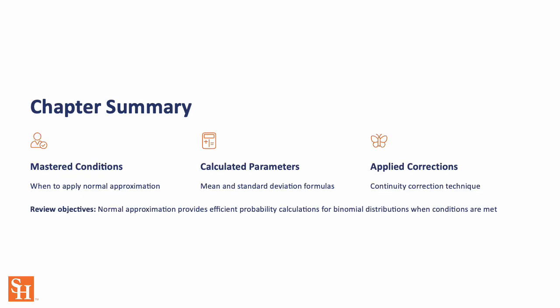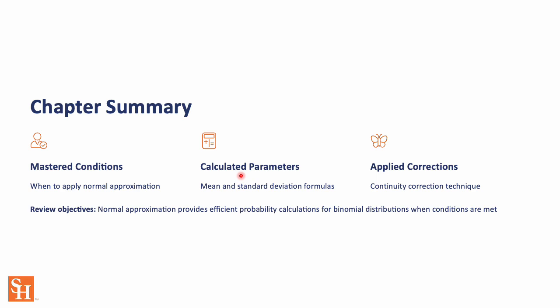So to summarize what we have learned in this chapter, we have mainly discussed in which condition we can use normal approximation for the binomial probability, right? And the condition was that n has to be large and np and nq both have to be greater than 5. And then we have also learned how we can calculate the mean and standard deviation, right? The formula for mean for the binomial distribution was np. We have discussed that in our binomial probability distribution chapter, but we have also briefly discussed it here, right?